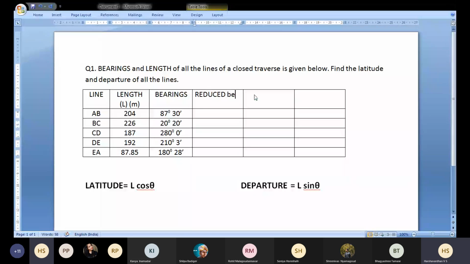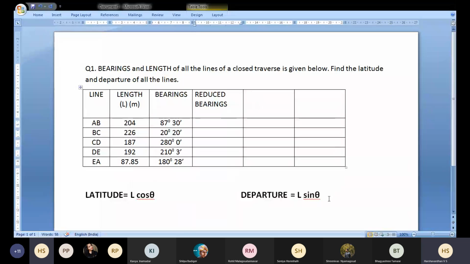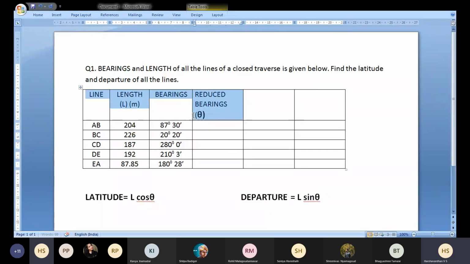You have to measure reduced bearing of all the lines, and reduced bearing is nothing but theta. So let us measure reduced bearing.